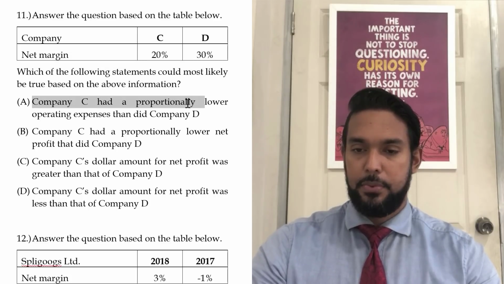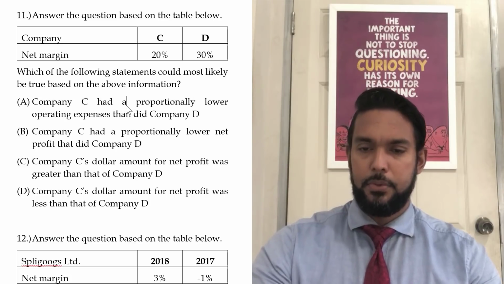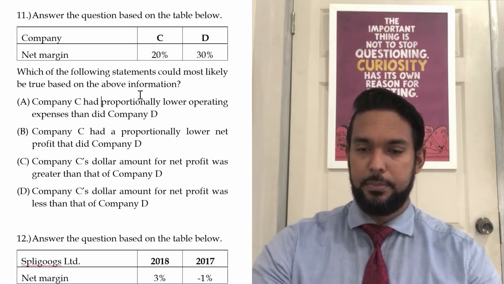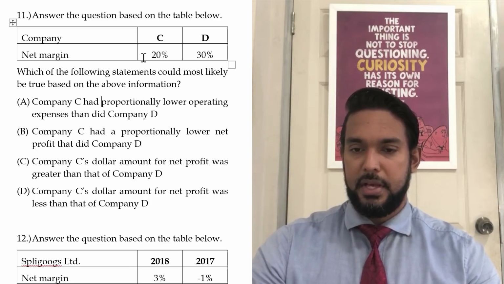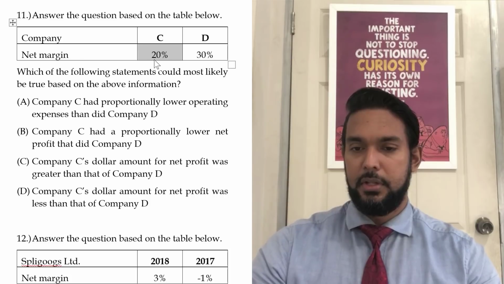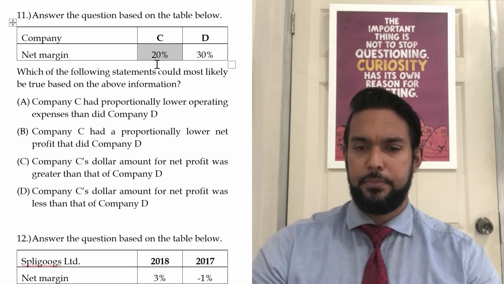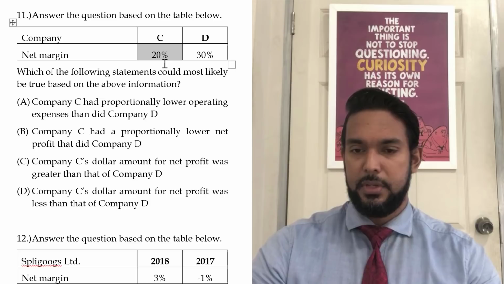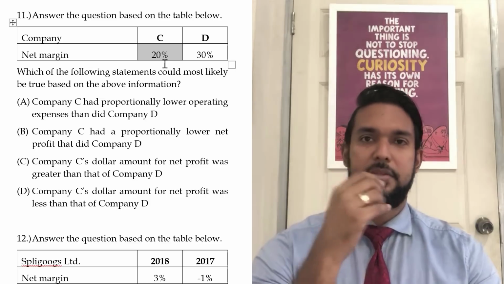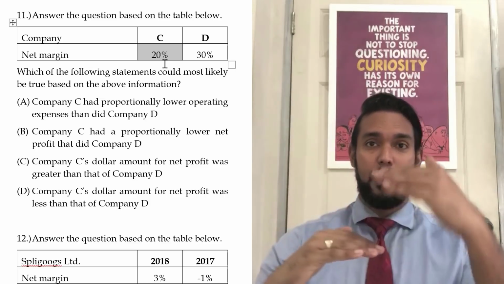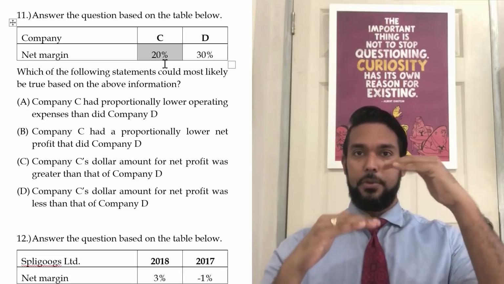Company C had proportionally lower operating expenses than the company D. If they had lower operating expenses proportionally, well, let's see, what is the proportion? If your net margin is 20%, now you might say, well, it's 80%, but remember, that's a combination of cost of goods sold and operating expenses.